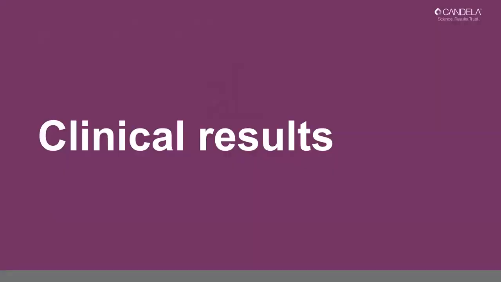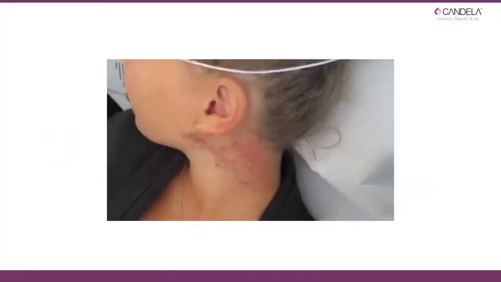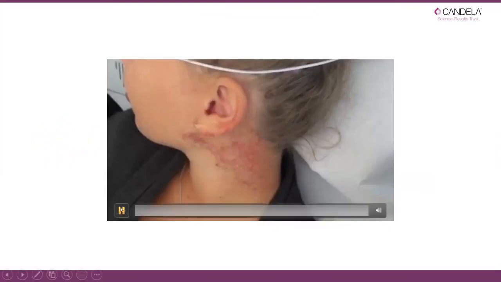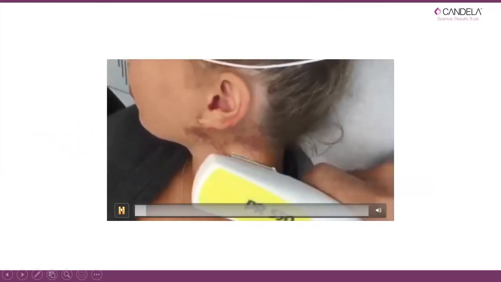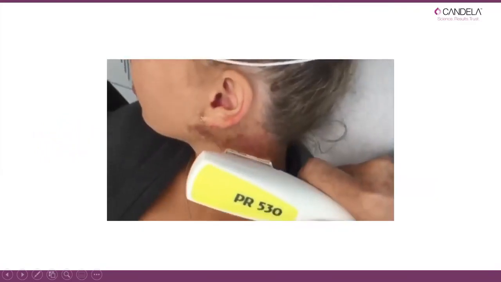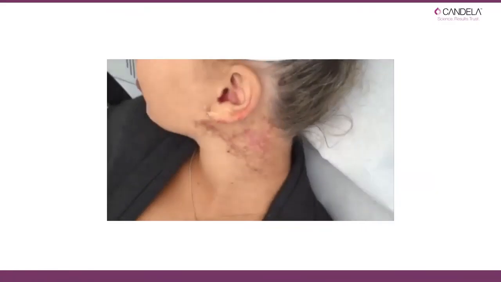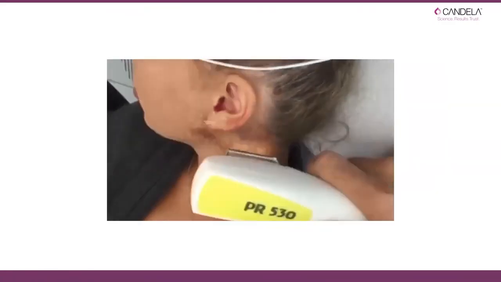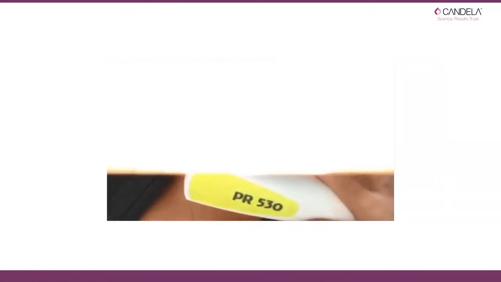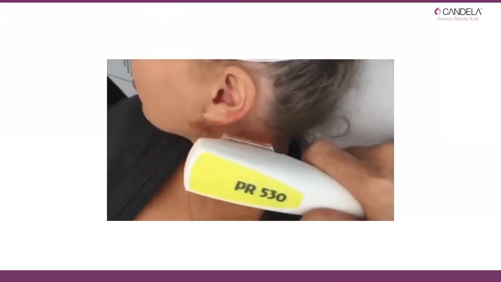So moving into the third part of the presentation, here we're going to look at some of the clinical results. This is a port wine stain, and if my system will work, I have a little video. So this is quite superficial because you can see that we're using the PR530 handpiece.